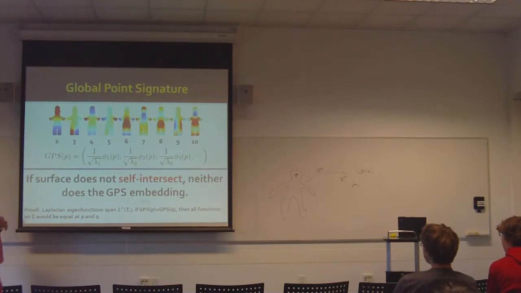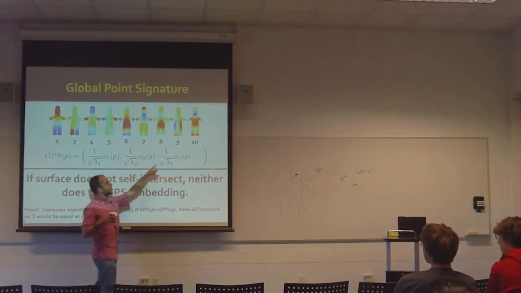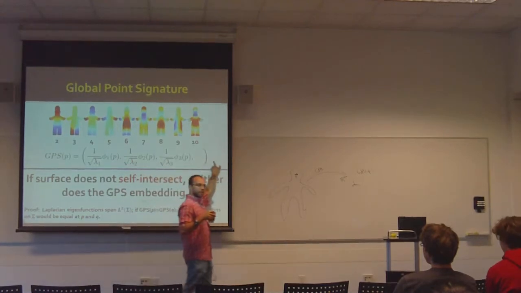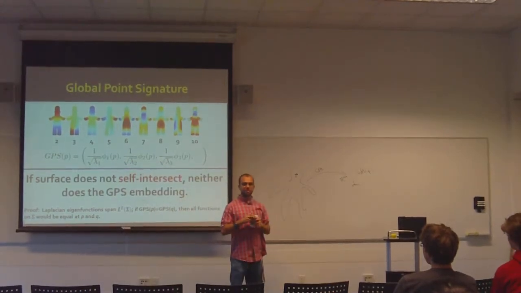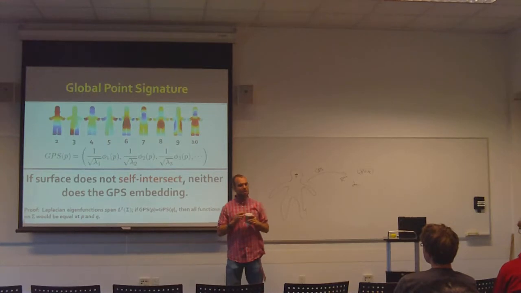So what would happen if two points on my surface had the same GPS coordinate? Well, in particular, what that would mean is that every single one of these eigenfunctions coincides at that point. They all have the same value. But why is that a bad thing?